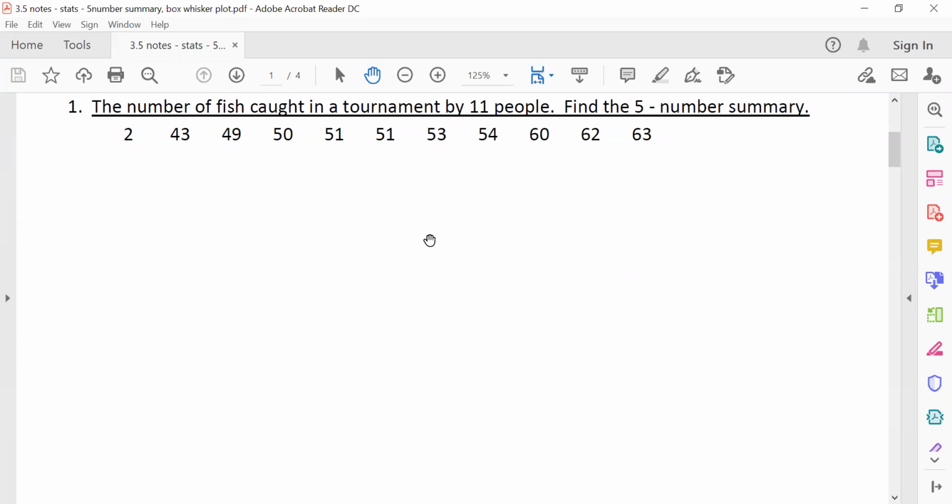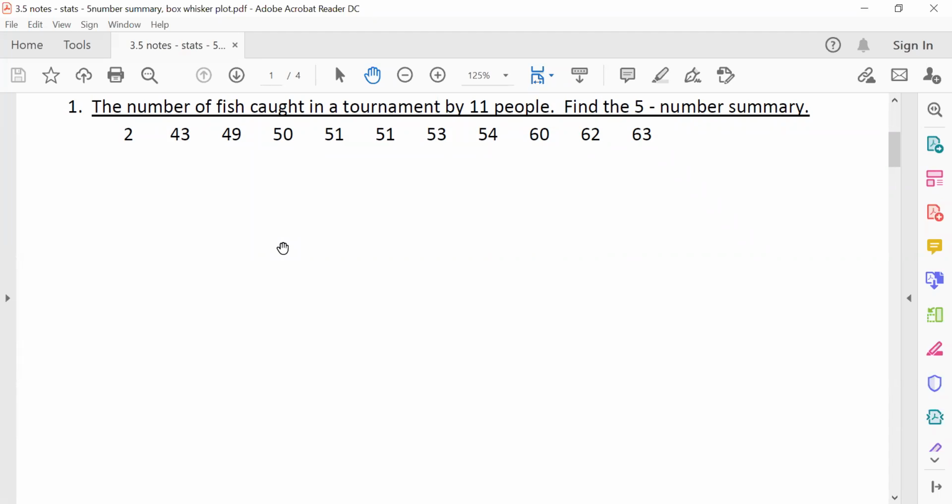One person only caught 2 fish. Maybe they started the tournament and had to leave after a couple minutes or an hour or so. But other people caught 40, someone caught 43 fish exactly, someone caught 49 fish, 50 fish, and so on. So let's compute the 5-number summary.